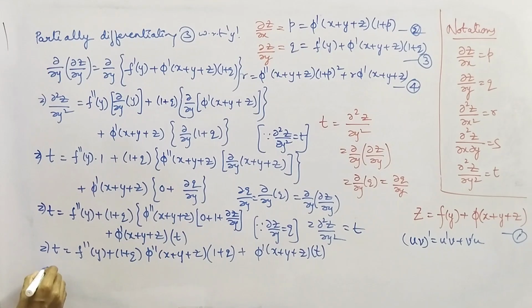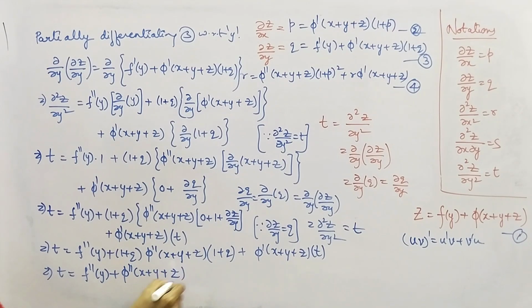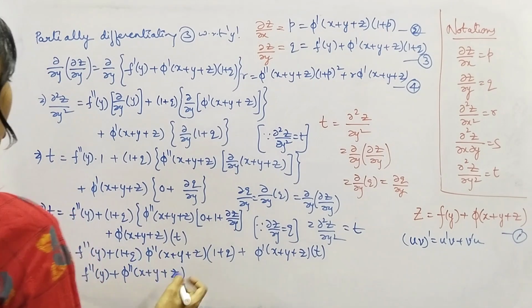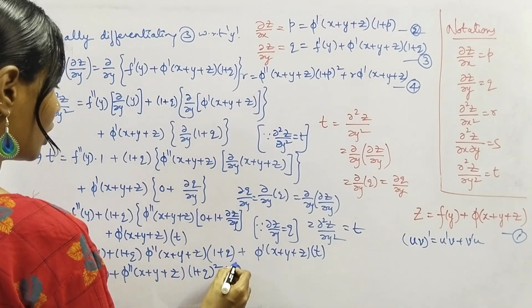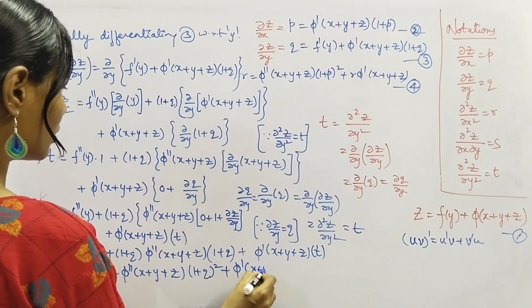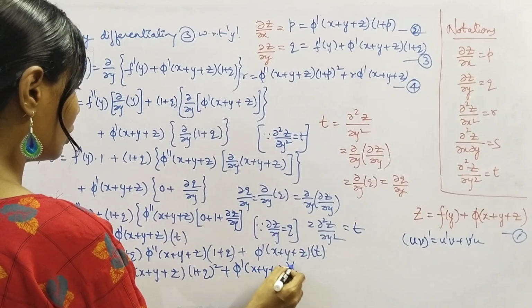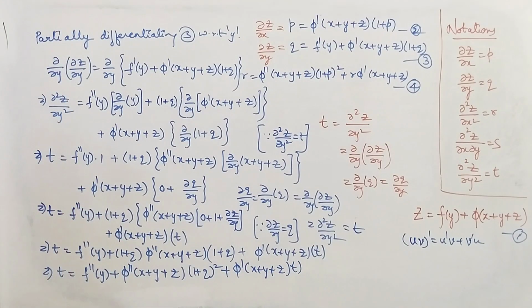Or you can write this as t equal to f''(y) plus φ''(x+y+z) into (1+q) plus (1+q) gives (1+q) whole square, plus φ'(x+y+z) into t. Consider it as equation number 5.